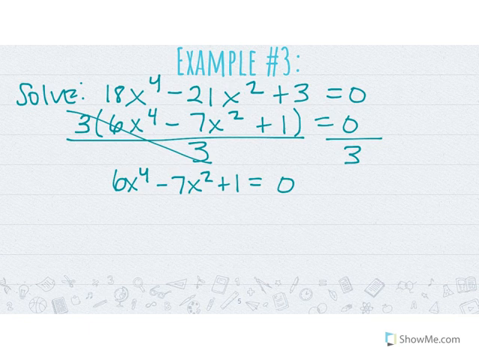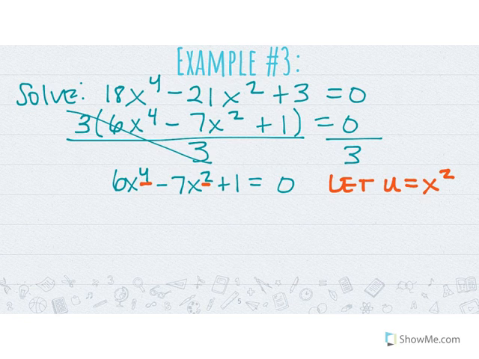So now I'm going to be working with the u substitution of this polynomial. We're going to double check first of all, is this exponent half of this exponent? And it is. So we could actually use our u substitution, so we're going to let u equal the half one, the x squared, and I'm going to plug in a u anywhere that I see an x squared.